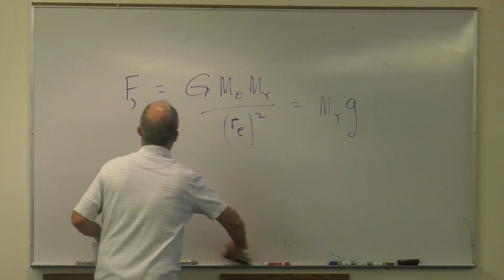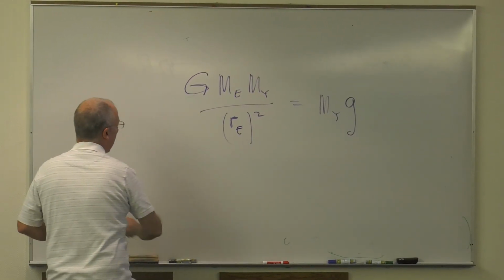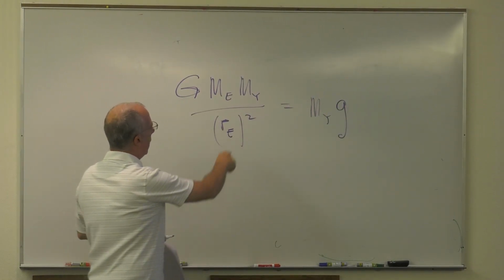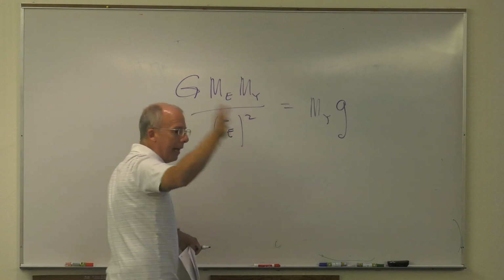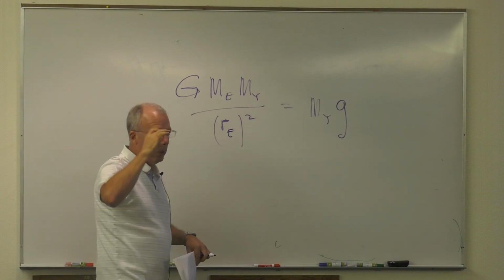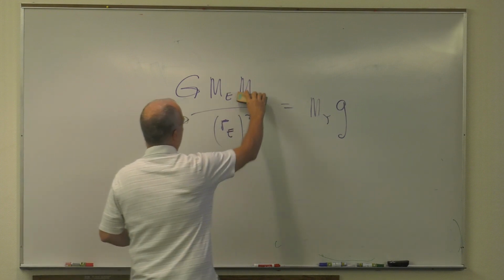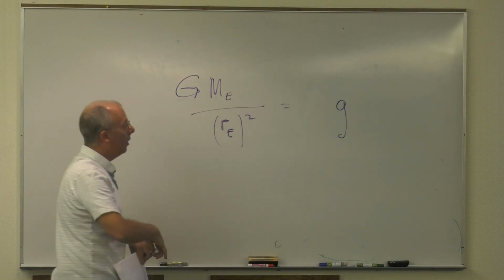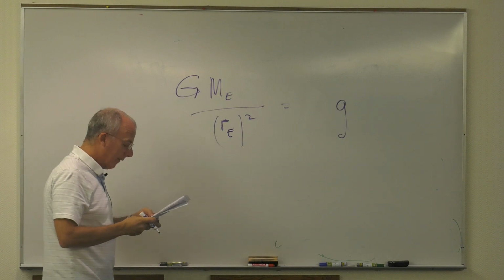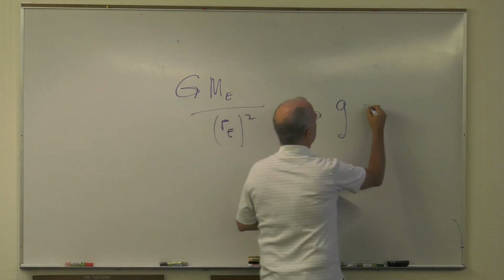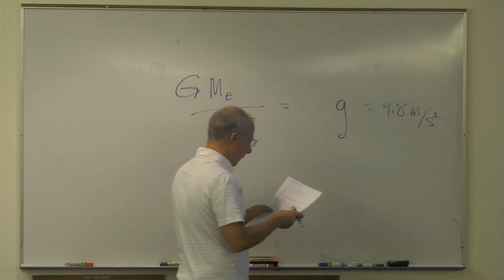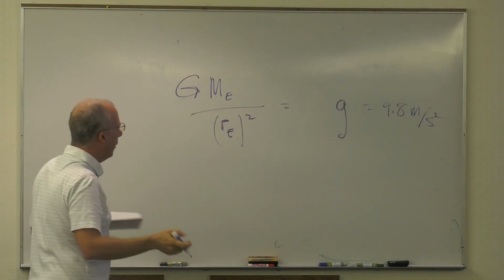Well, let's look at it. So this equals this. I want an equation for little g. Here's the mass of you, here's the mass of you. I can divide the mass of you on both sides. So I divide here, and I divide here. So that is an equation for little g. And of course, that's equal to 9.8 meters per second squared. There you go. Now you know what little g is.